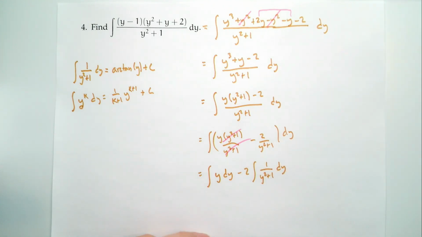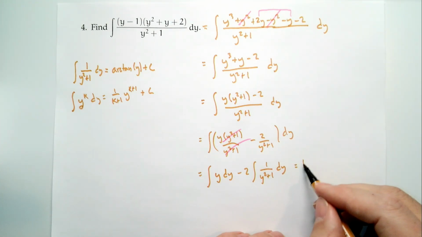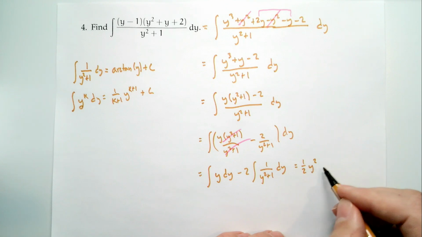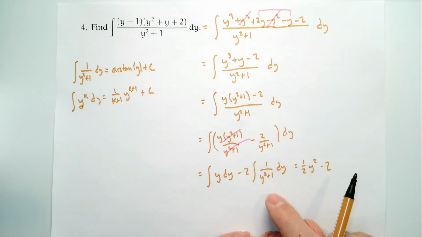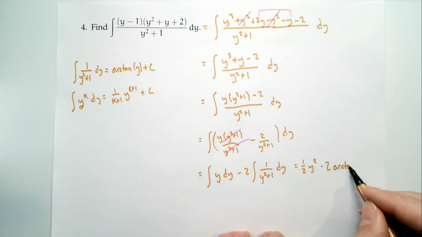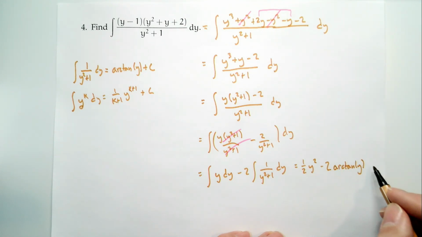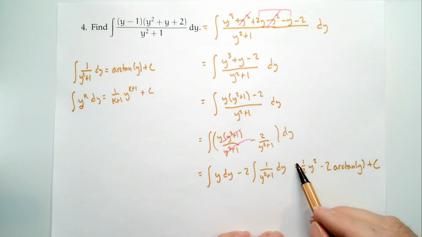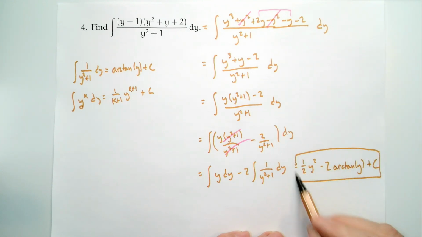And now we have integrals we can actually do. The integral of y is 1/2 y squared minus 2 times the integral of 1 over y squared plus 1, which is arctangent of y. And then, of course, for good measure, and so that we make sure we get all our points, we tack on a plus c. And that's our answer.